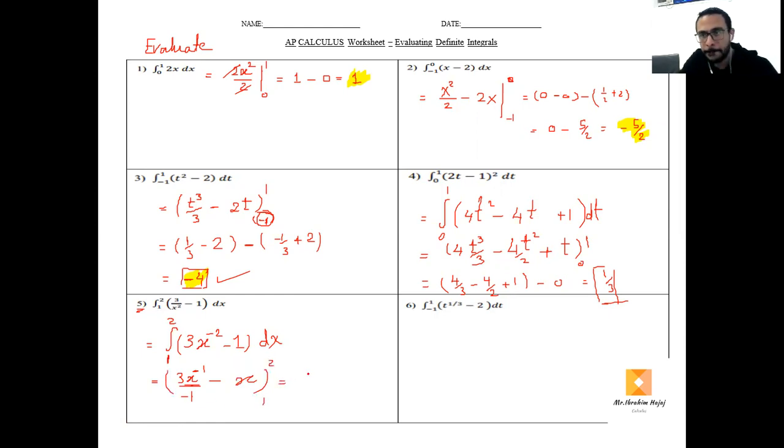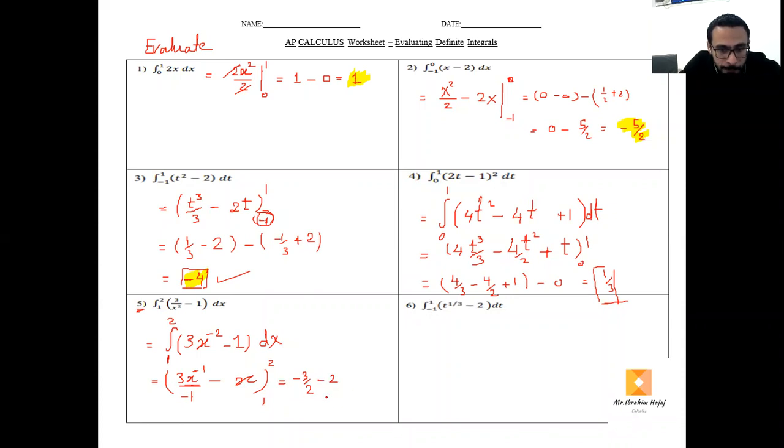Substitute first by 2, so we have negative 3 over 2, and then for the x we have minus 2, right?